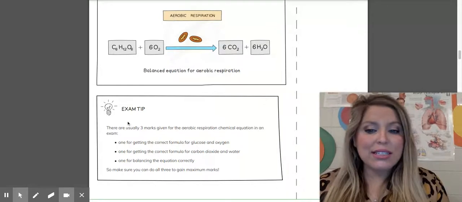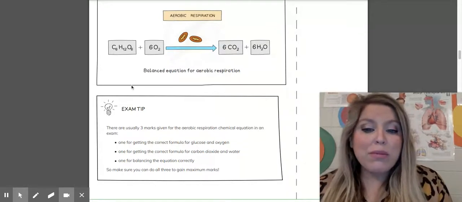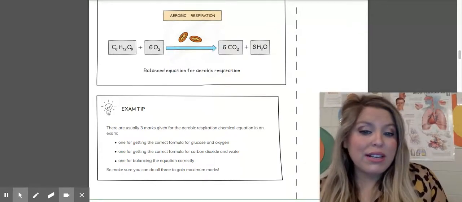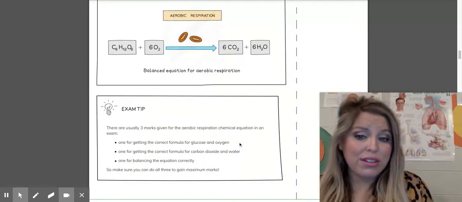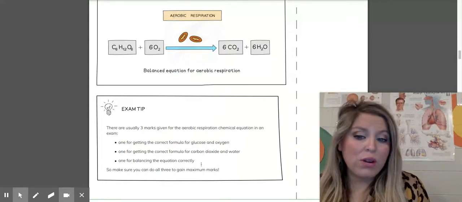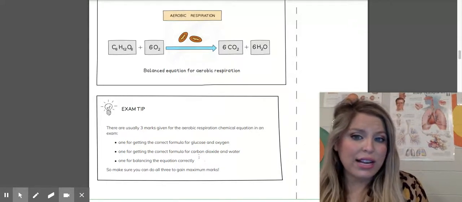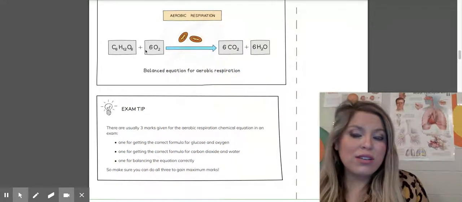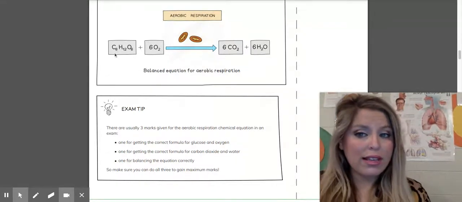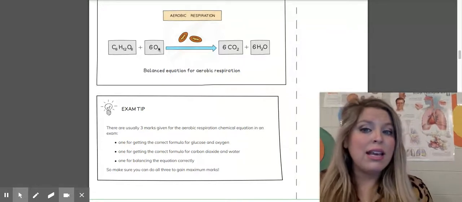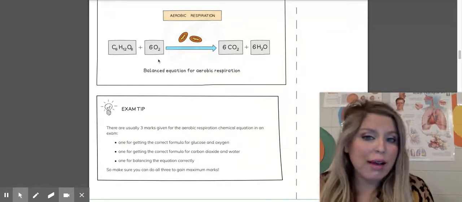Now, this is a neat little exam tip we'll go over. 3 marks are given for the aerobic respiration chemical equation in an exam. 1 for giving the correct formula for glucose and oxygen, 1 for getting the correct formula for carbon dioxide and water, and 1 for balancing the equation correctly. So as long as you can do the letters with the numbers on them, like C6H12O6 and O2, you get a mark.